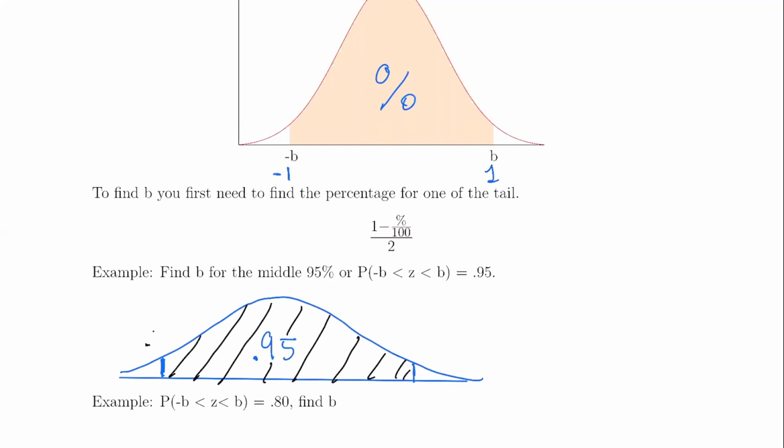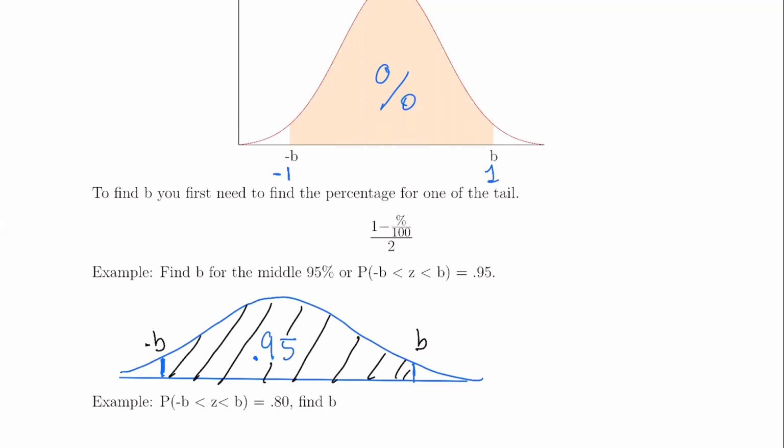So what we want to do, we want to find what this b has to be and what this b has to be. So far, everybody go with that picture? All right.